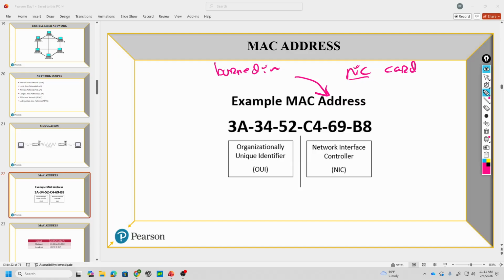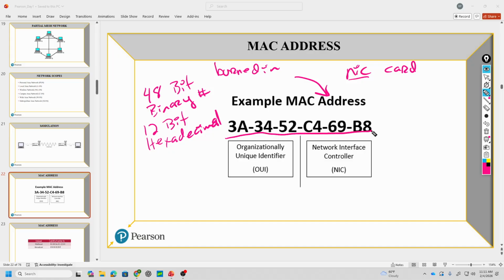So let's look at this MAC address. The MAC address is actually a 48-bit binary number, and it is represented as a 12-digit hexadecimal number, such as this, okay? It is broken up into two portions.